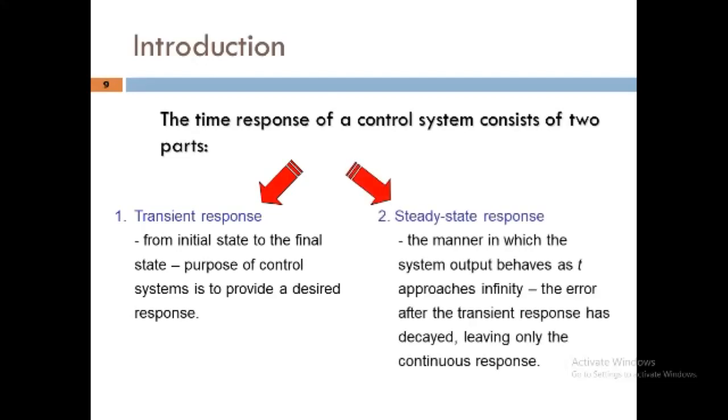Secondly, the steady state response: the manner in which the system output behaves as t, meaning time, approaches infinity. Also, the error after the transient response has decayed, meaning we are going to neglect such type of error, leaving only the continuous response.